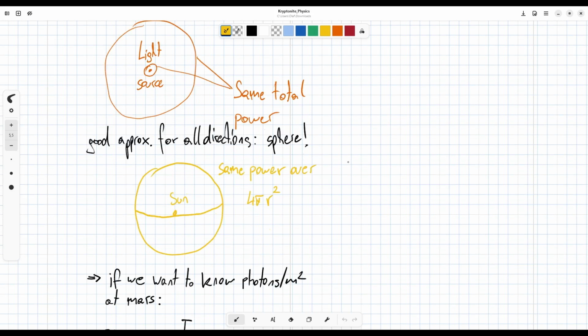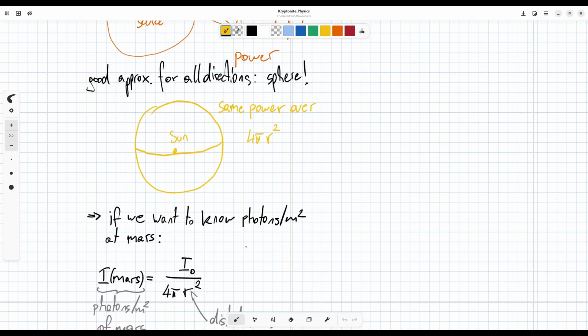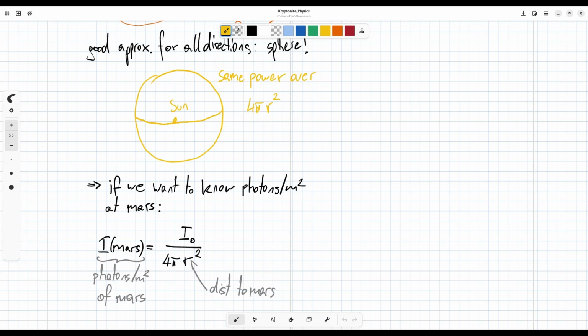So the same power would be spread from the sun, for example, over 4 pi r squared, r of course being the distance. Let's say we would like to know the photons per square meter at Mars's distance. We would say the intensity at Mars, in photons per square meter, would be the initial intensity divided by 4 pi r squared, where r here would be the distance to Mars.